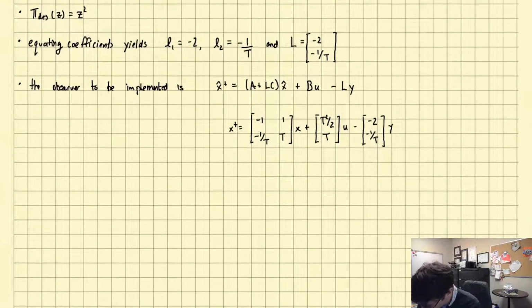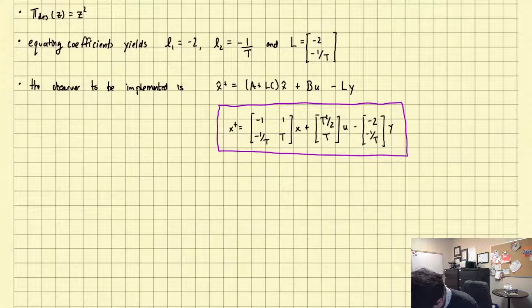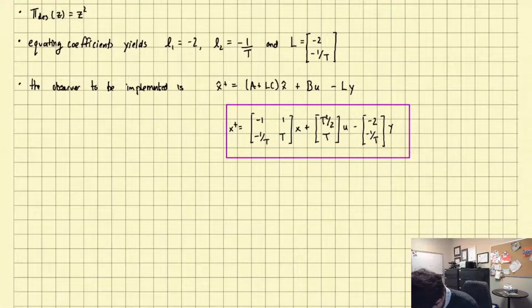Okay, so this is our observer, and if we want to draw a block diagram, it looks like so.